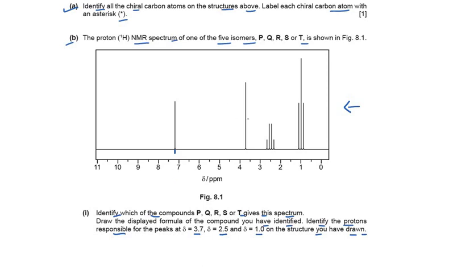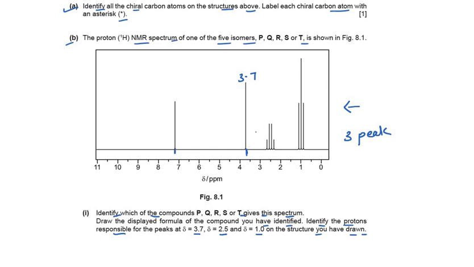Other than the aromatic ring, we have 3 more peaks, that is we have 3 types of hydrogen atoms, 3 types of protons in our compound, where one of the peaks at 3.7 is a singlet peak. We should understand it's a singlet peak. So the proton at 3.7 is a proton which has no protons on the adjacent carbon atoms.